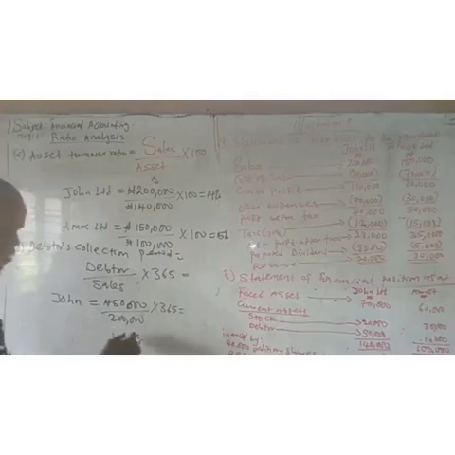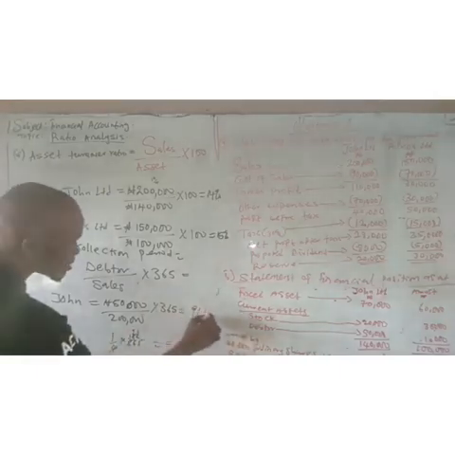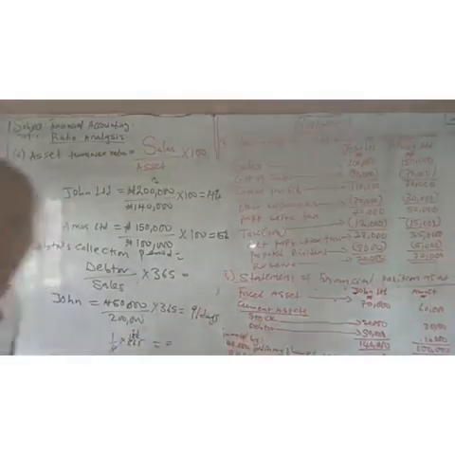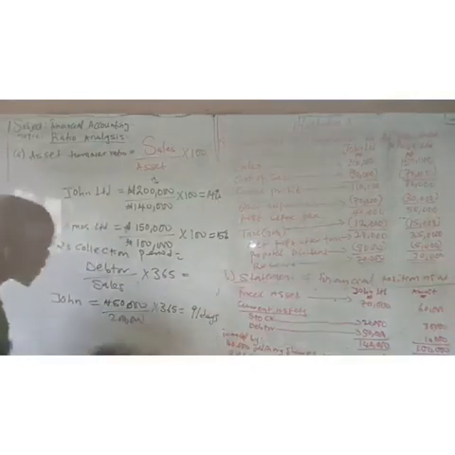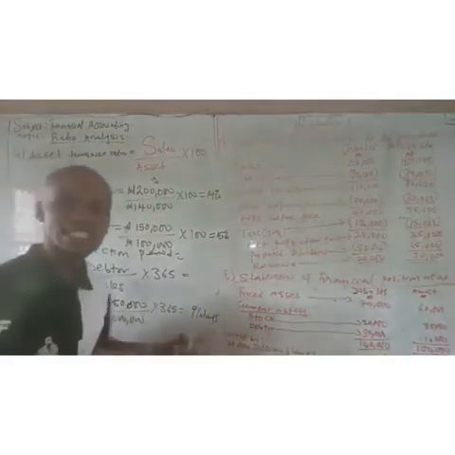Then 2 here, 1, 2 here, 9, 2 here, 1. So we have 91 days. Now, if you look at it, the debtor collection period of John is 91 days.